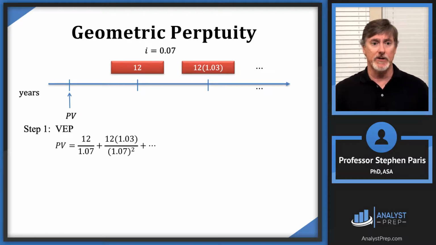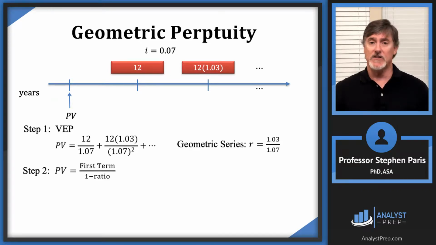The present value is equal to 12 divided by 1.07, discounting for 1 year, plus 12 times 1.03 discounted for 2 years, that is, dividing by 1.07 squared, and so forth. That's a geometric series with a common ratio of 1.03 divided by 1.07. Step 2 is the same.